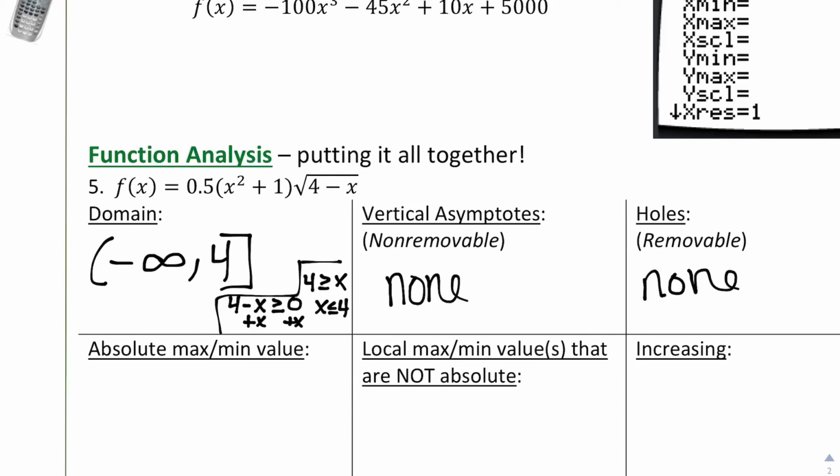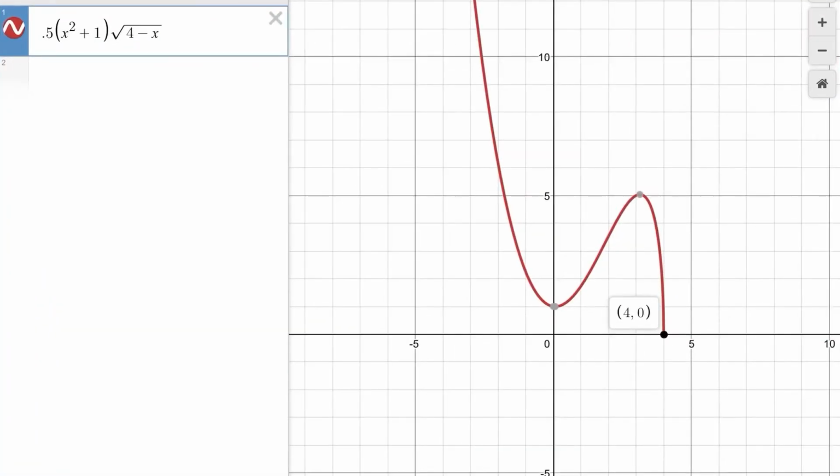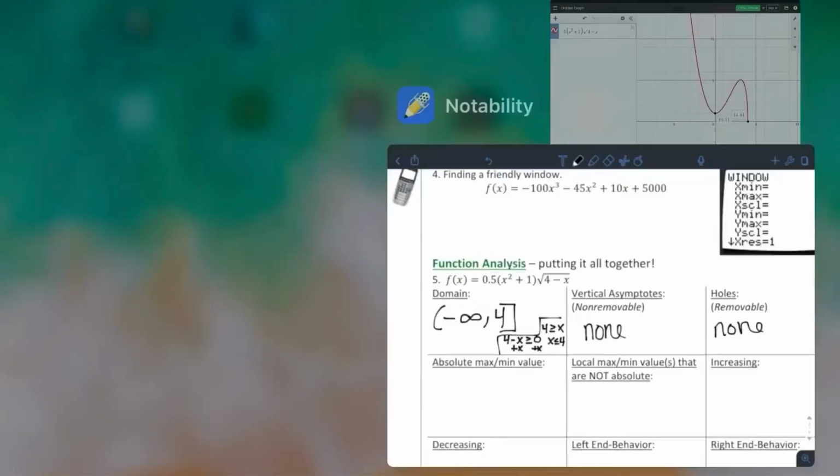Now I want to go look at the max and min values. So I'm going back to my graph. So absolute max and min. I have 2 points that could be considered minimum. We have the point (0, 1), and we have the point (4, 0). All right. The absolute min would be (4, 0), right? When x is 4. And (0, 1) would be a relative minimum. All right. So those two values would be the minimum values.